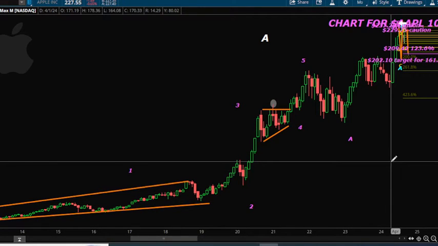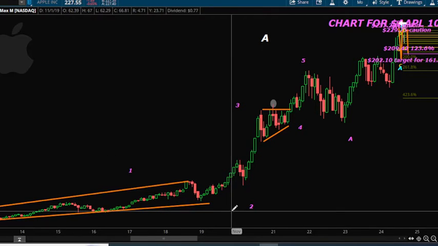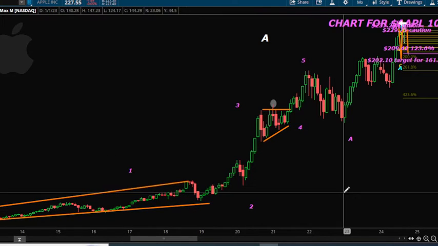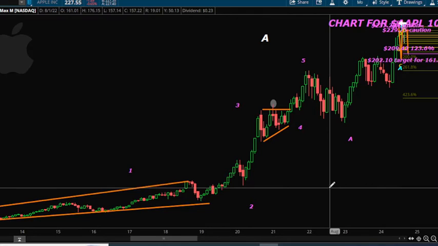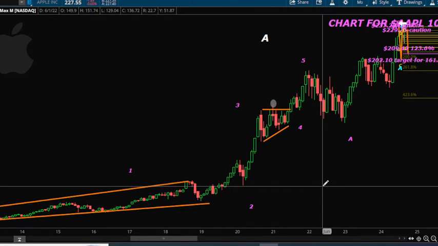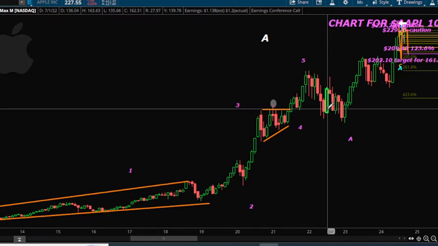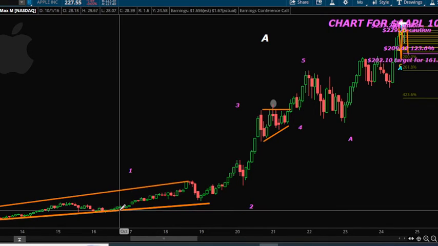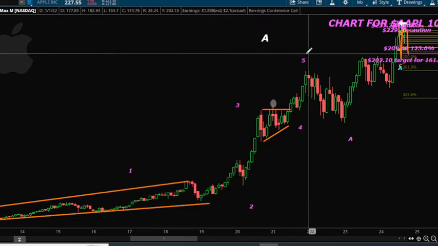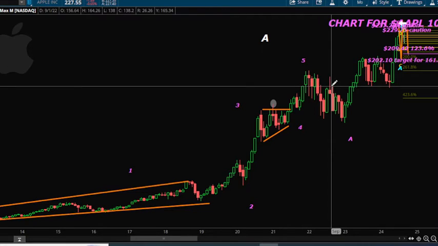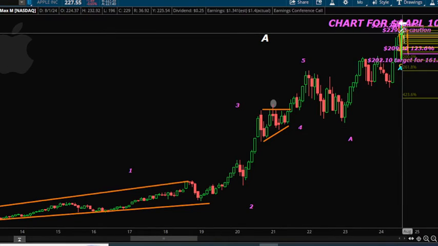But that's way down the line. Right now I'm just trying to get you to what I'm thinking: that we have started a B wave correction already. So 1, 2, 3, 4, 5 for A, and then you've got a smaller degree A and a smaller degree B up here.